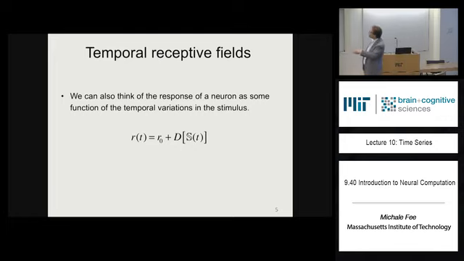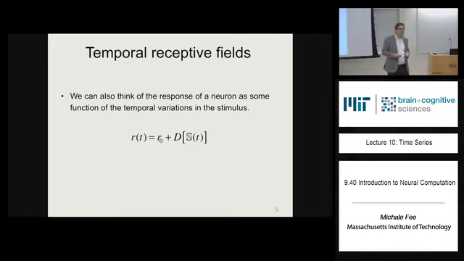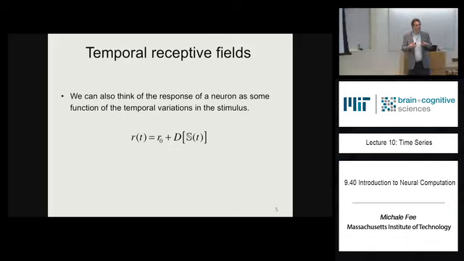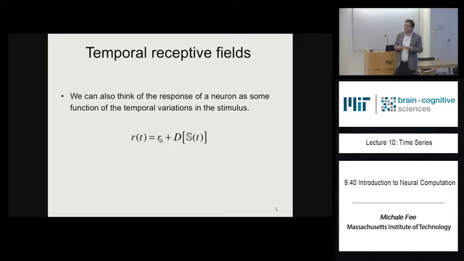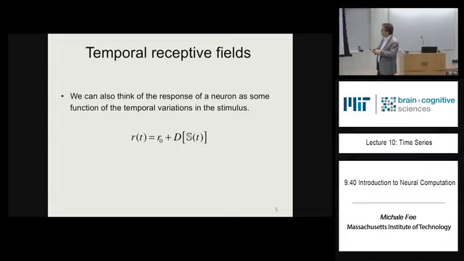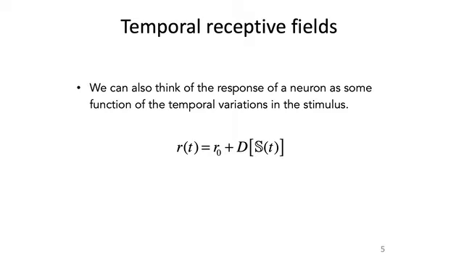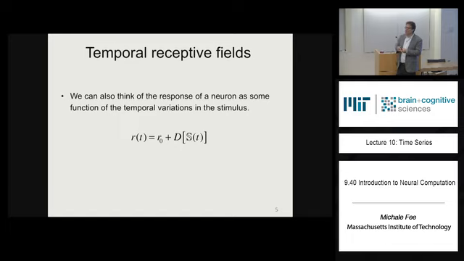Okay, and we have the same kind of situation for the sensitivity of neurons to temporal patterns. So we can write down the firing rate of a neuron as a function of time as just a spontaneous firing rate plus a filter acting on a time-dependent stimulus. In this case, this filter will be sensitive to a particular temporal pattern.